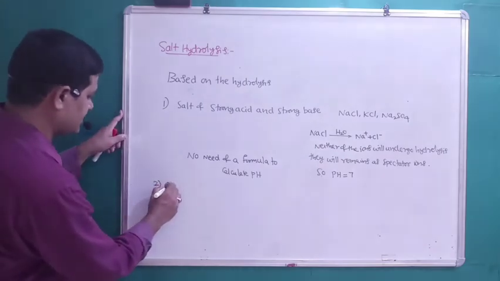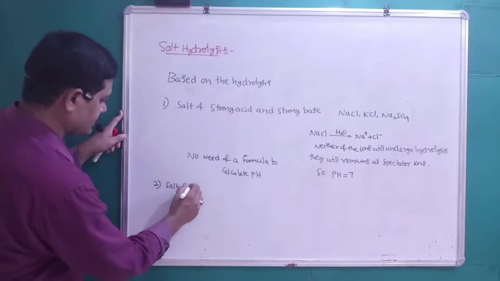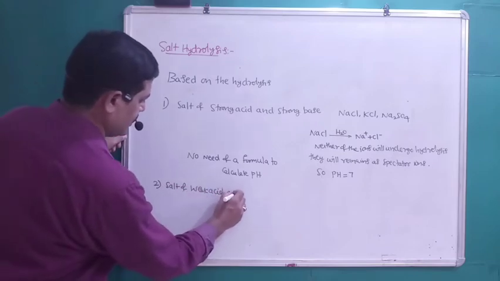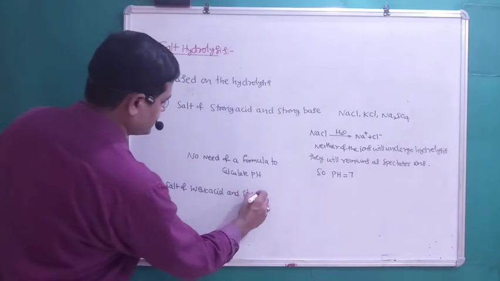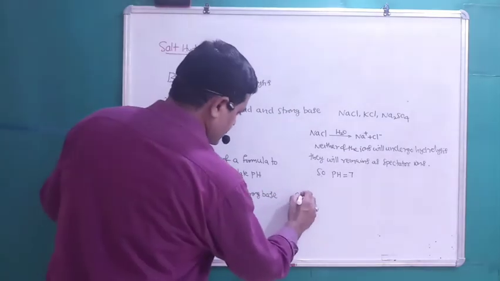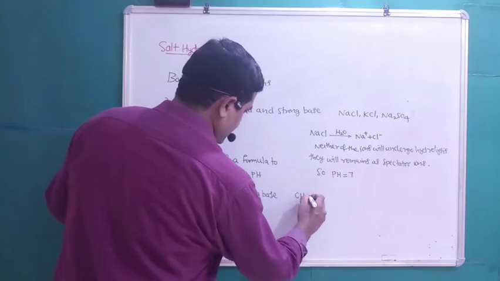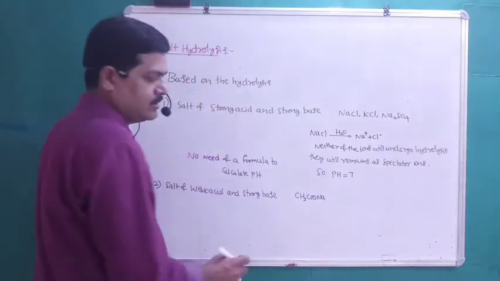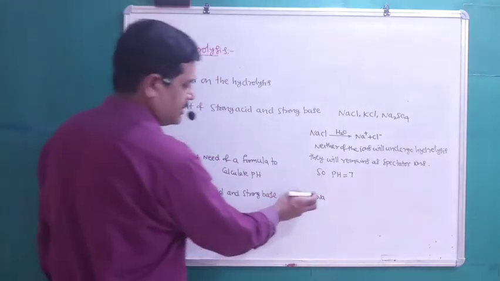The second type of salt is salt of weak acid and strong base. For example, sodium acetate, CH3COO minus Na plus.